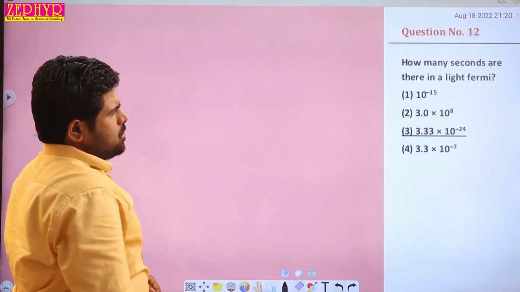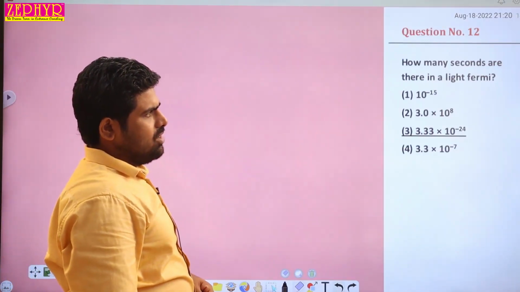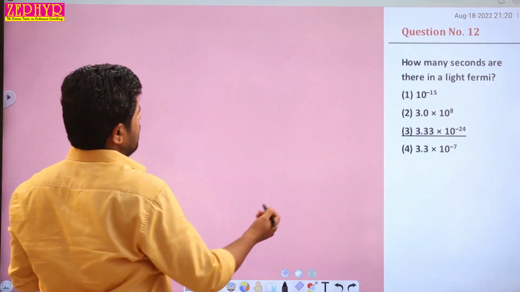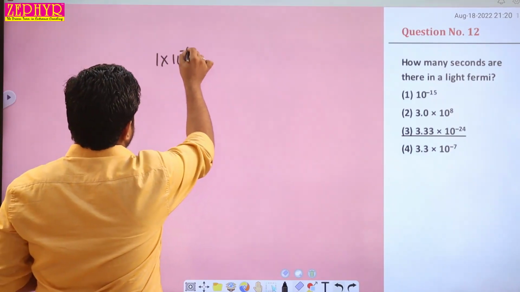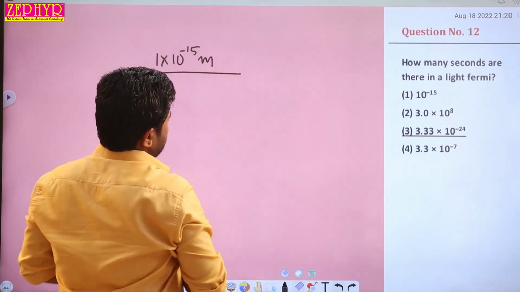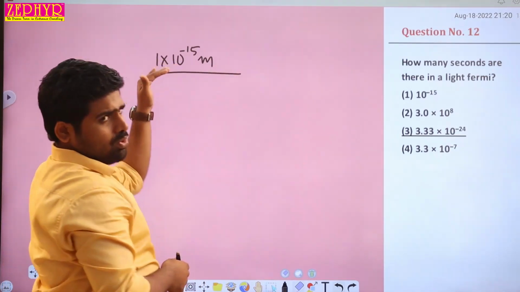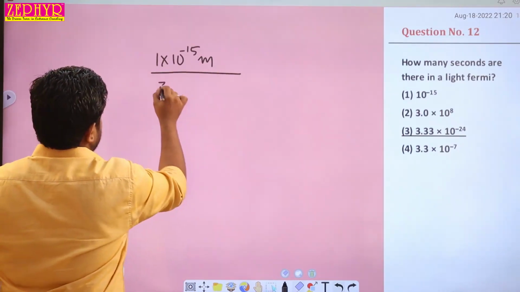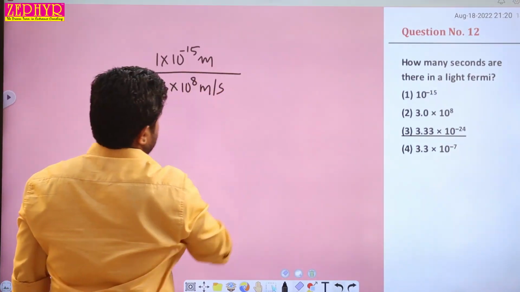Then question number 12. How many seconds are there in a light Fermi? Okay. So actually we know that 1 Fermi means 1 into 10 raised to minus 15 meter. Then 1 light Fermi means 1 Fermi value divided by the velocity of light in vacuum, which is 3 into 10 raised to 8 meter per second.